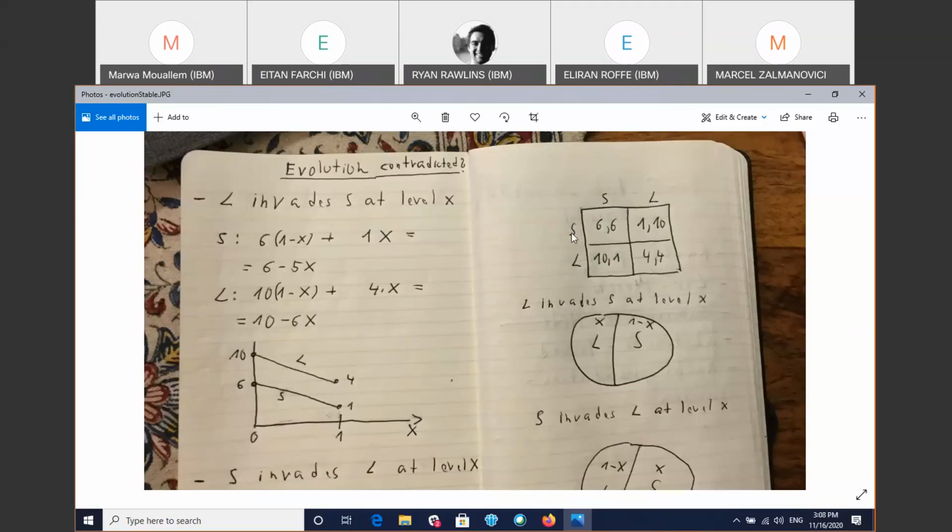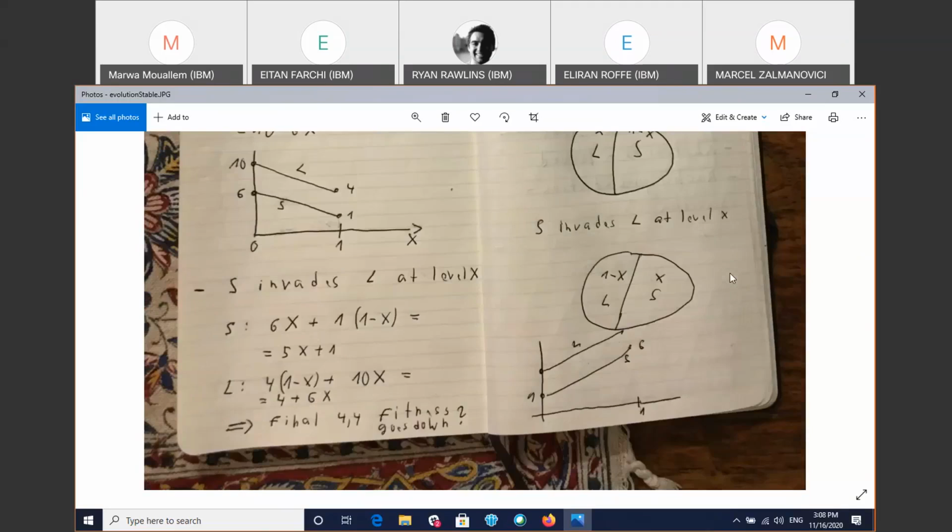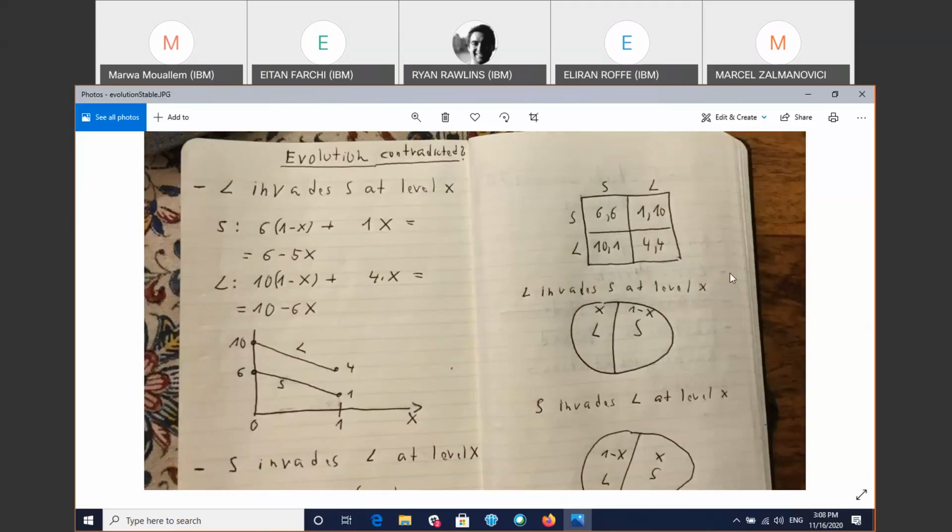And a mutation might introduce into the population a small percentage of the other type. So maybe I'm starting with small animals, and then a small percentage of large animals are introduced into the population. And the question we're going to ask ourselves is, what happens when these other types of animals are introduced into the population?